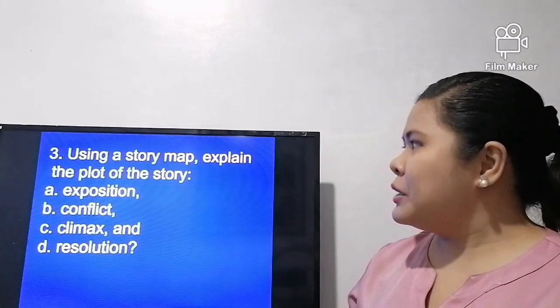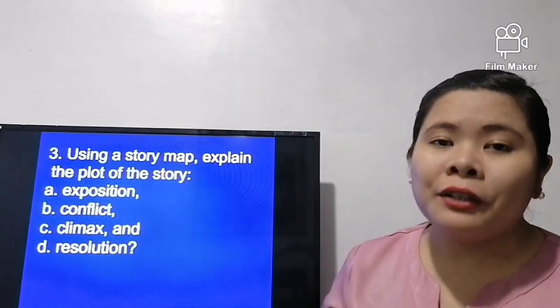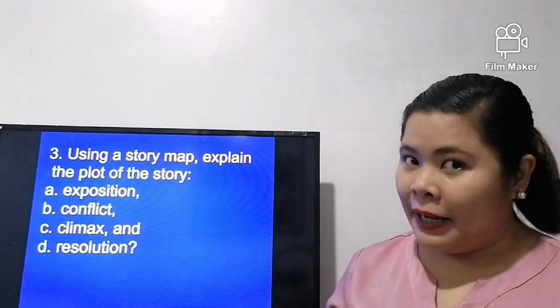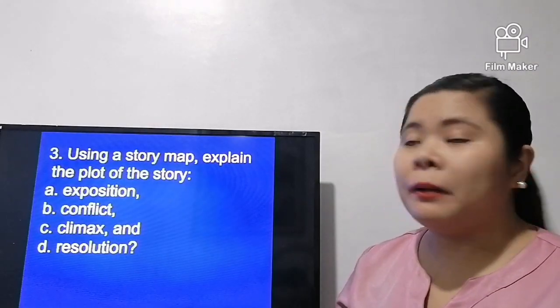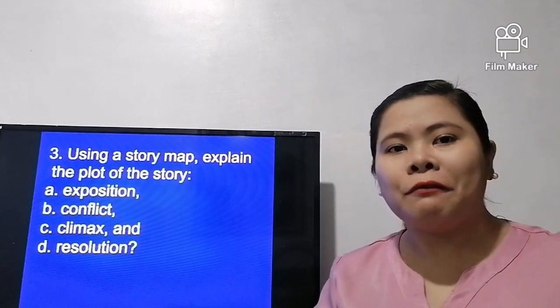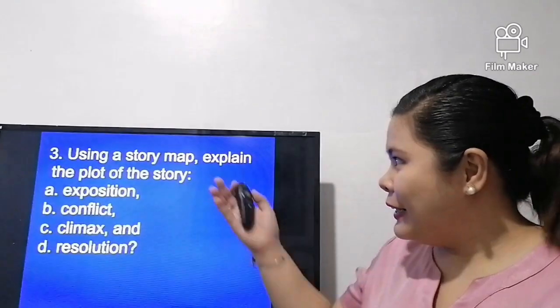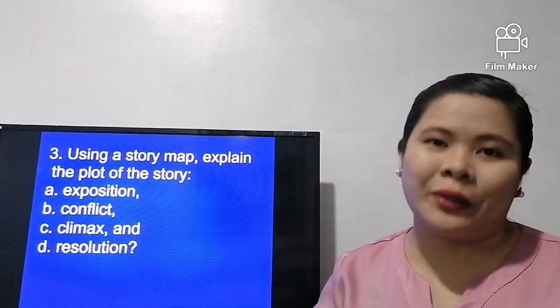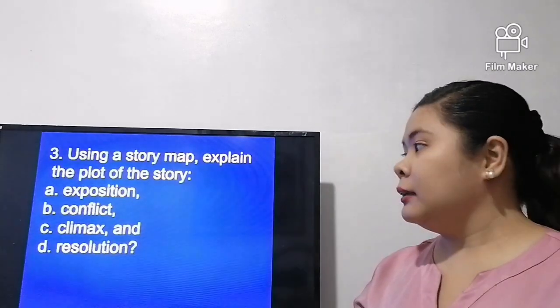Third, using a story map, explain the plot of the story. If you still remember our previous lesson, we had our graphic organizer. So we will be using a story map. A. Exposition.